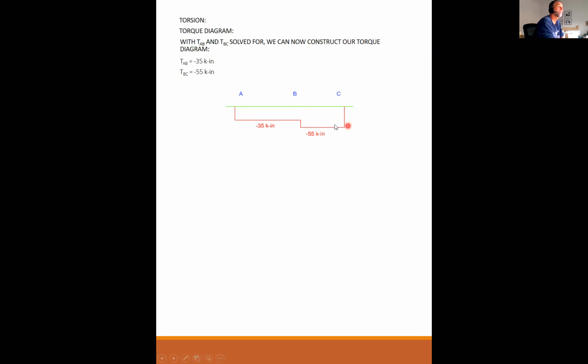Between B and C, likewise, it's a constant minus 55, so this is your torque diagram. With the torque diagram, we can now visually see the internal torque at each segment. I can look right at it and say, okay, from A to B is a constant minus 35. From B to C is a constant minus 55.